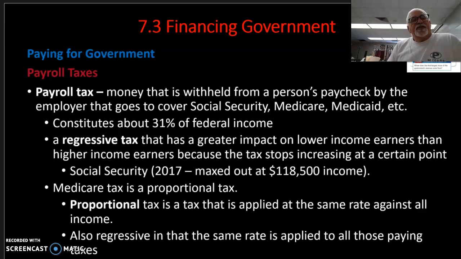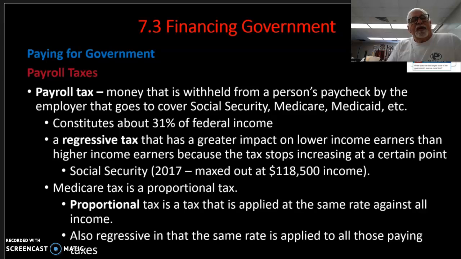These payroll taxes are in addition to income tax that your parents would pay. And these payroll taxes constitute about 31% of federal income. And they are a regressive tax. The payroll tax is a regressive tax that has a greater impact on lower income earners than higher income earners because the tax stops increasing at a certain point.